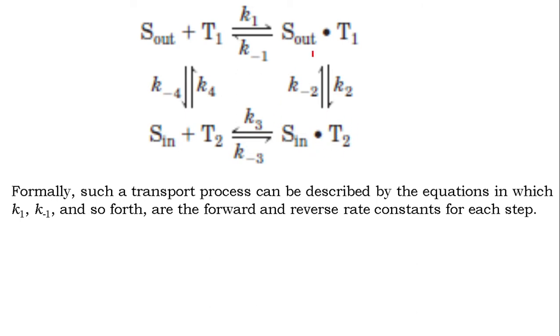Of course, this transportation also has a forward constant and a backward rate constant. And then once the glucose is inside the cell, it is separated from the transporter. You see, substrate or glucose inside the cell is separated from this transporter T2. This separation also has a forward rate constant and a backward rate constant. So, it can be conveyed with an enzyme action.